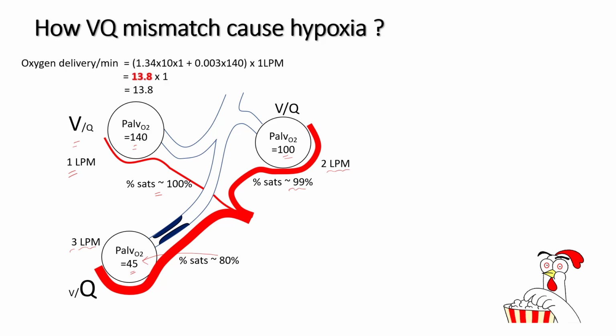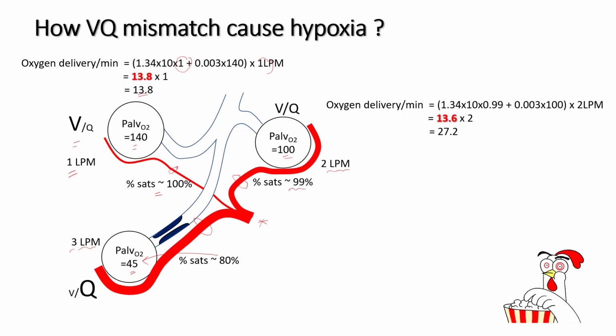If we calculate the total amount of oxygen that is coming from all the three areas, we should be able to figure out how much oxygen is really reaching the left heart. So for the one from the high VQ area, you have got a sat of 100% and a flow of 1 liter per minute, and you can calculate it to be 13.8. Similarly, the oxygen delivery coming from the normal VQ areas is around 13.6 into 2 liters per minute, that is 27.2.